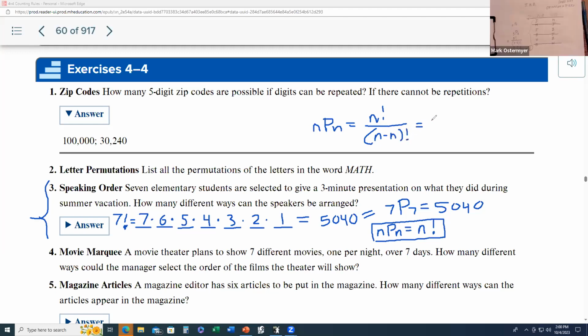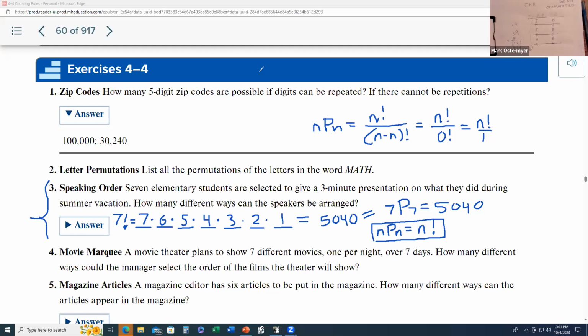So this is going to be n factorial over... now what's n minus n? That's 0. But what's 0 factorial? Careful, 0 factorial is not 0. It's 1. So this is n factorial over 1. We've just kind of proved it to ourselves. Okay, this is n factorial.